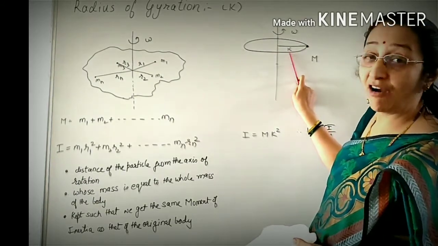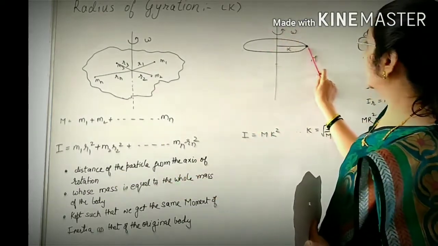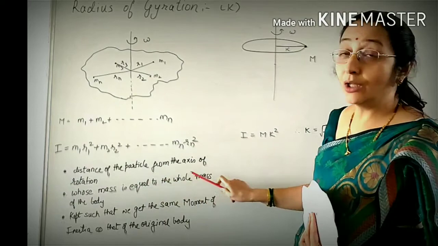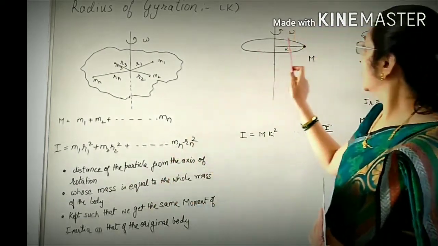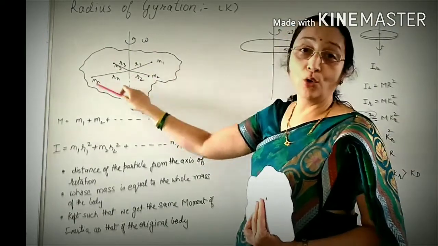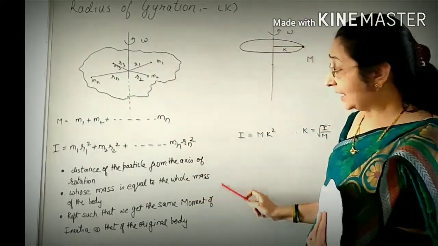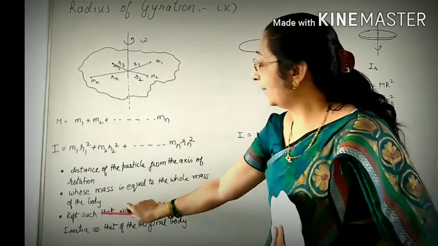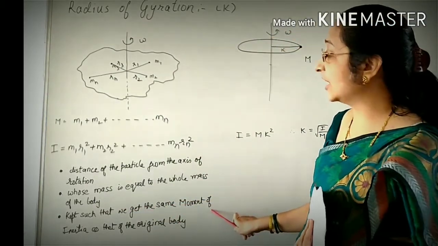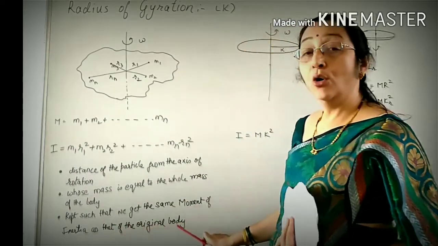But how and why? How is this particle, whose mass is equal to the whole mass of that body, kept such that we get the same moment of inertia as that of the original body?